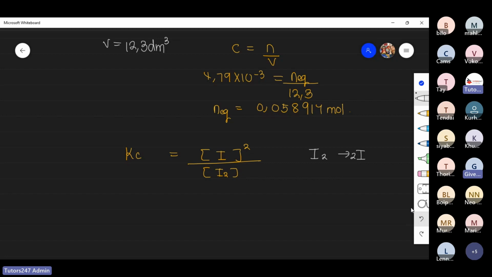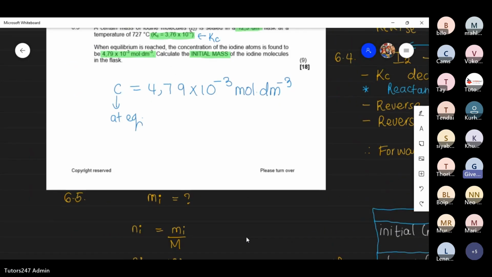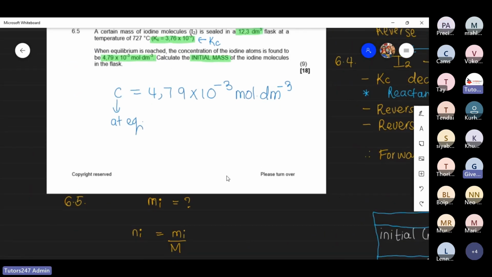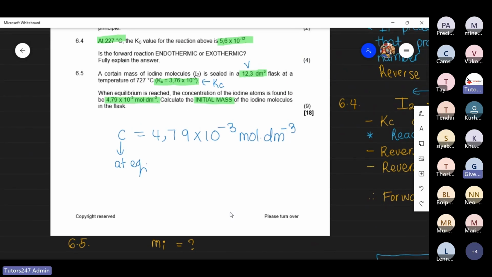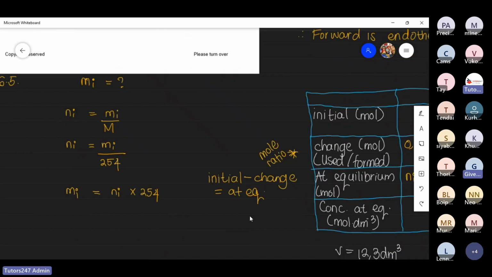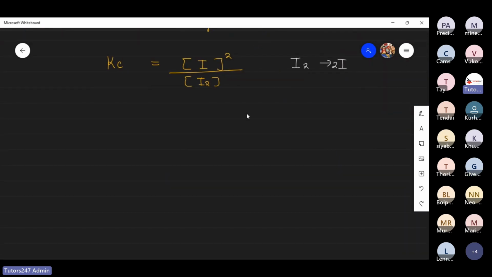Now, let us go back and see what our value of Kc is. Our value of Kc is 3.76 times 10 to the power negative 3. So we substitute in place of Kc 3.76 times 10 to the power negative 3.